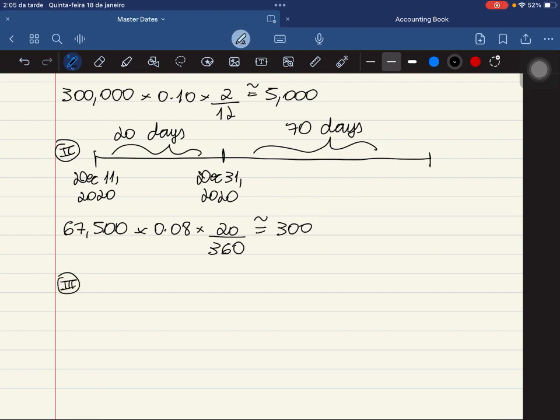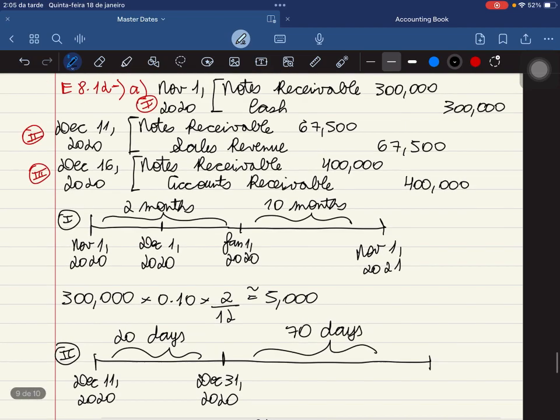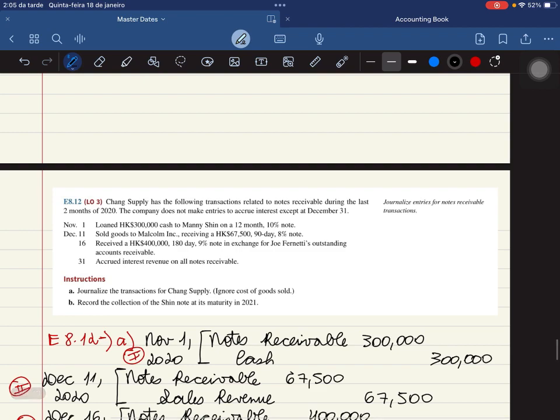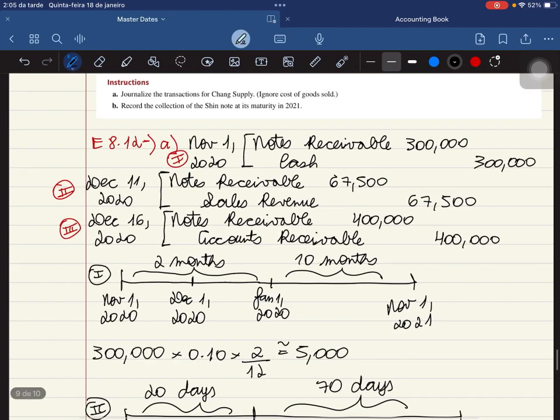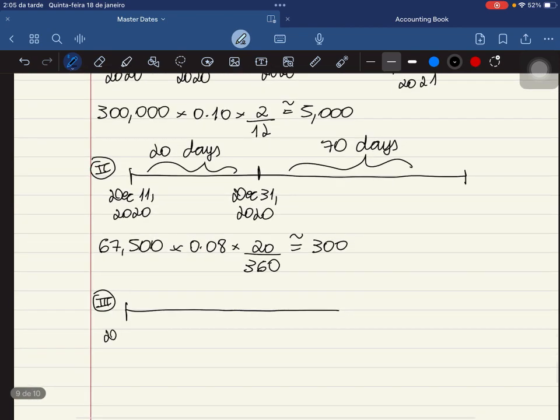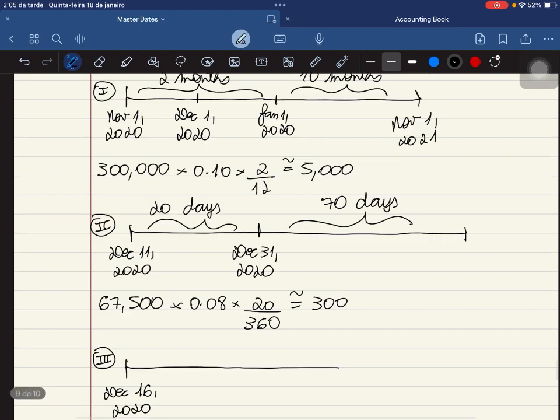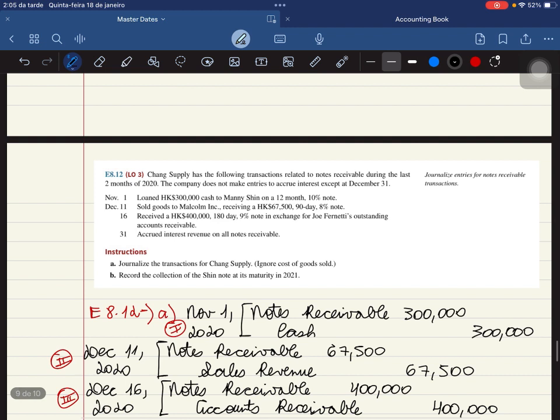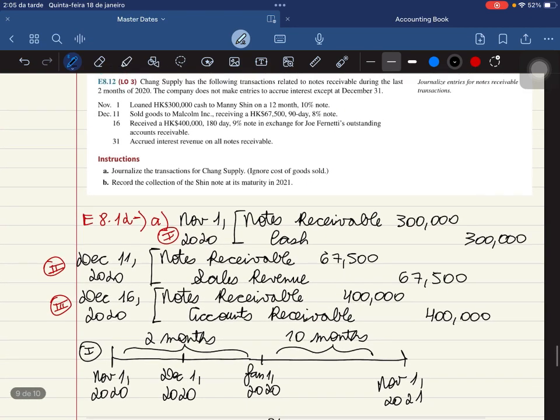Number 3, the same thing. We got the note on December 16 of 2020. It is a 180-day note, so it is like a 6-month note.